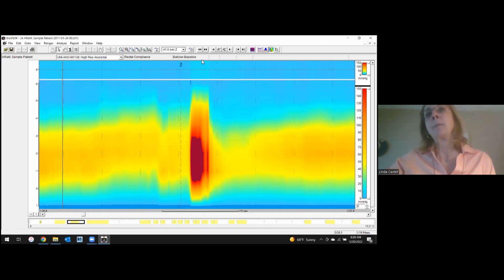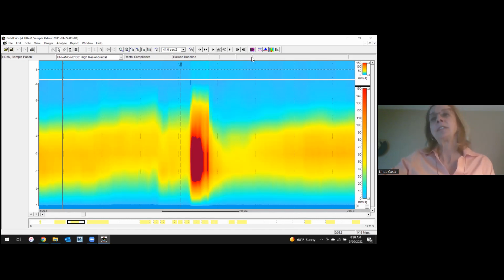The top channel up here, the light blue, is the abdominal muscle, the interrectal pressure. So I can see whether or not they're using their belly muscles by looking at the color here. If this turned a little pale yellow, that would mean they were using their abdominal muscles, so I would encourage them not to use their abdominal muscles.